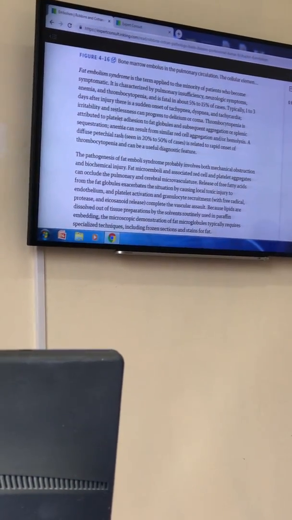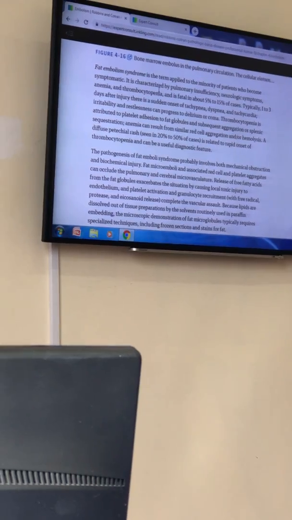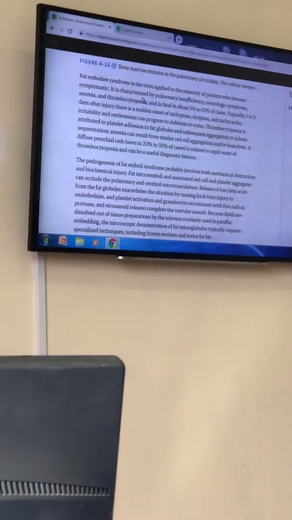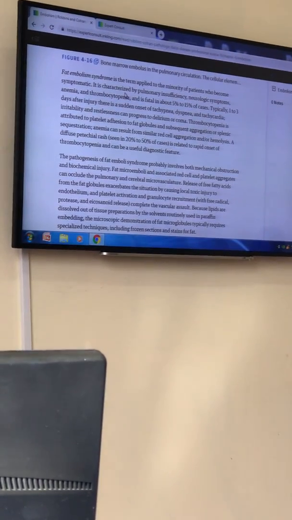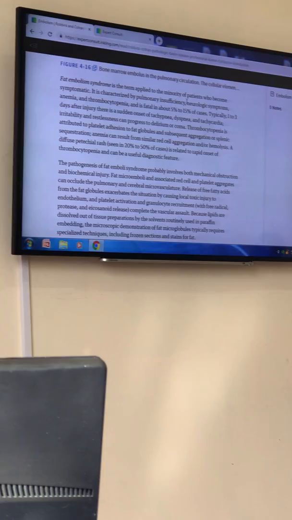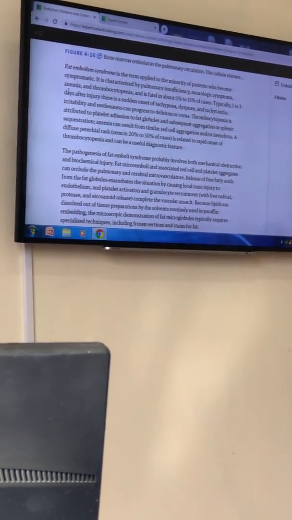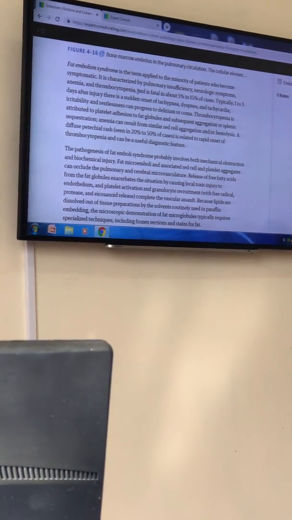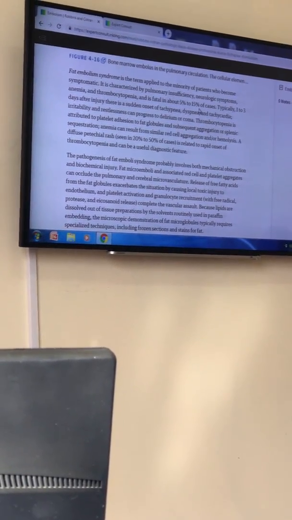And what are the clinical pictures if a patient has pulmonary embolism with symptoms and it's big and has caused problems? Pulmonary insufficiency, so respiratory problems, and neurologic symptoms, anemia and thrombocytopenia. And in 5 to 15% of the cases, it's fatal.